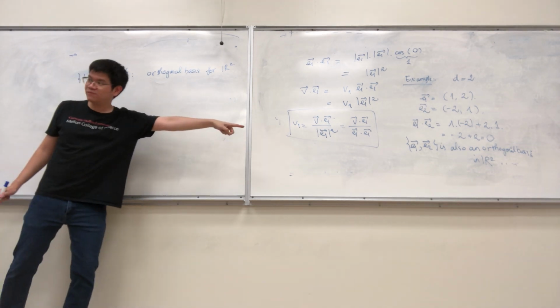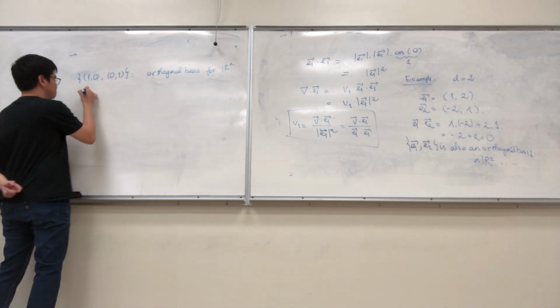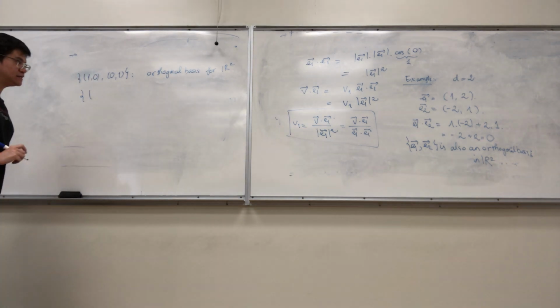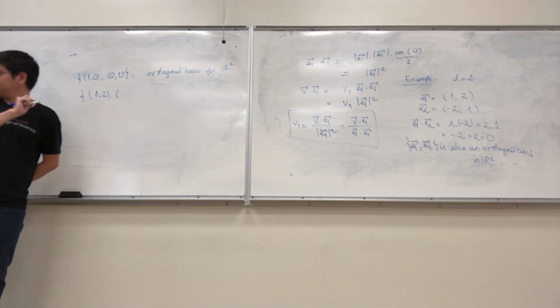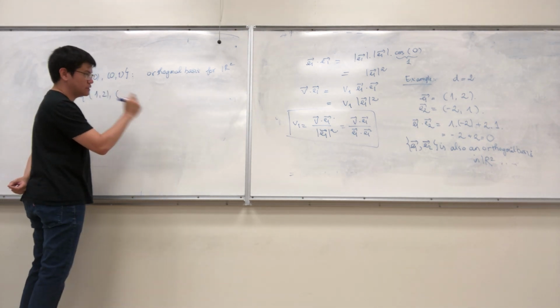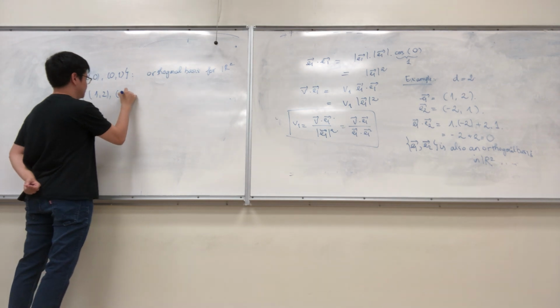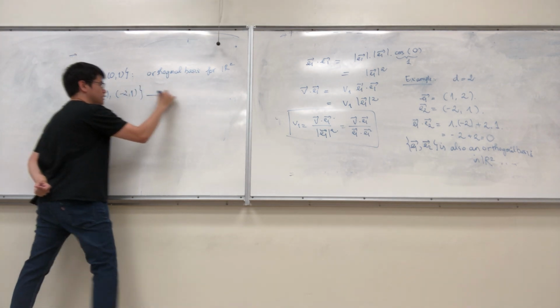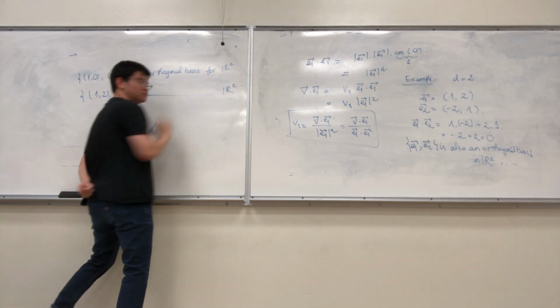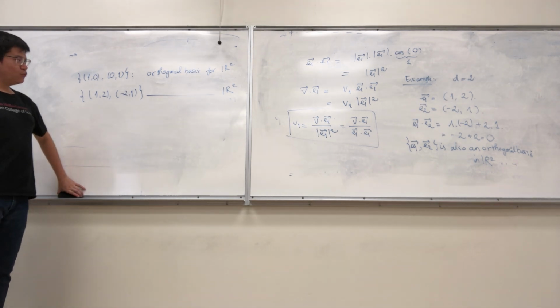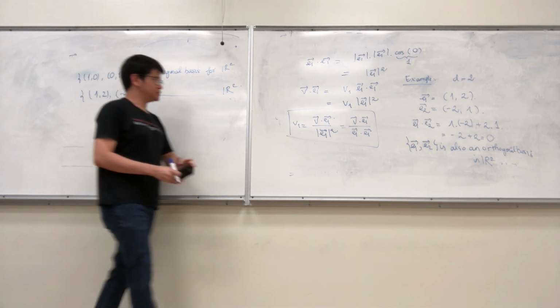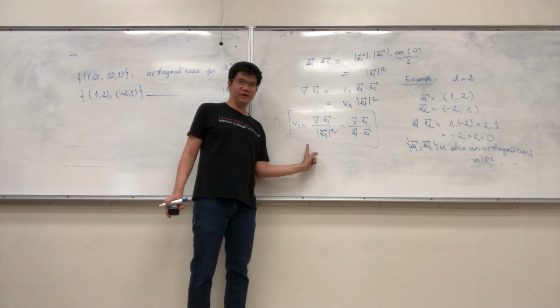But this is also another basis. So you can have multiple bases, and everything will change when you change the basis. It's also an orthogonal basis for R2. Questions? Is it clear? So you understand how to compute V1.